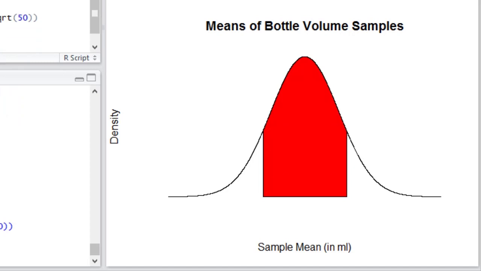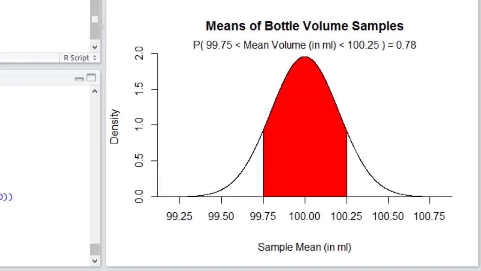And then we can look between 99.75 and 100.25, and we can come to the conclusion, again using p-norm, that 78% of our samples will have a mean that's within 0.25 milliliters, between 99.75 and 100.25 of the overall mean, which is 100 milliliters.